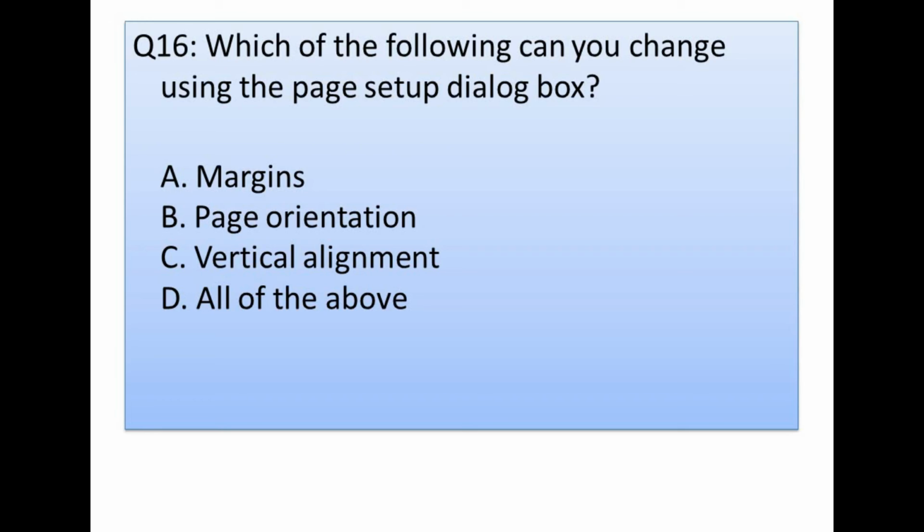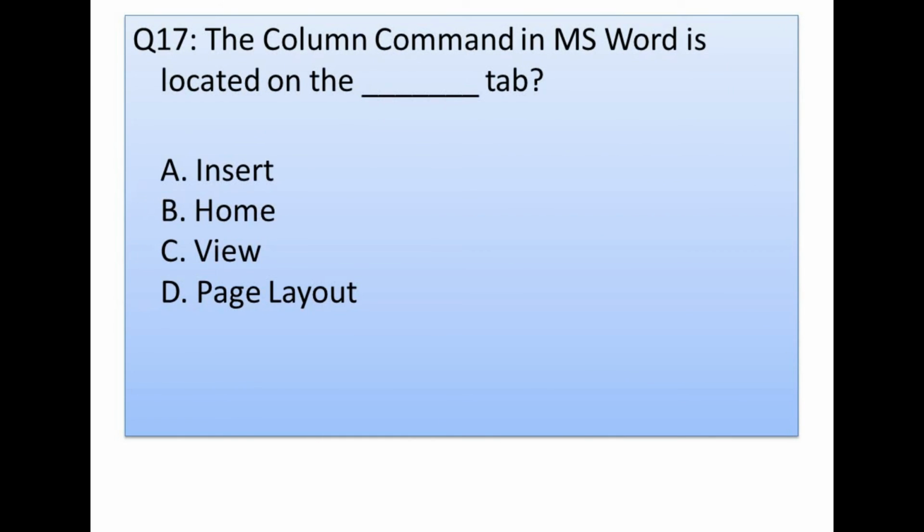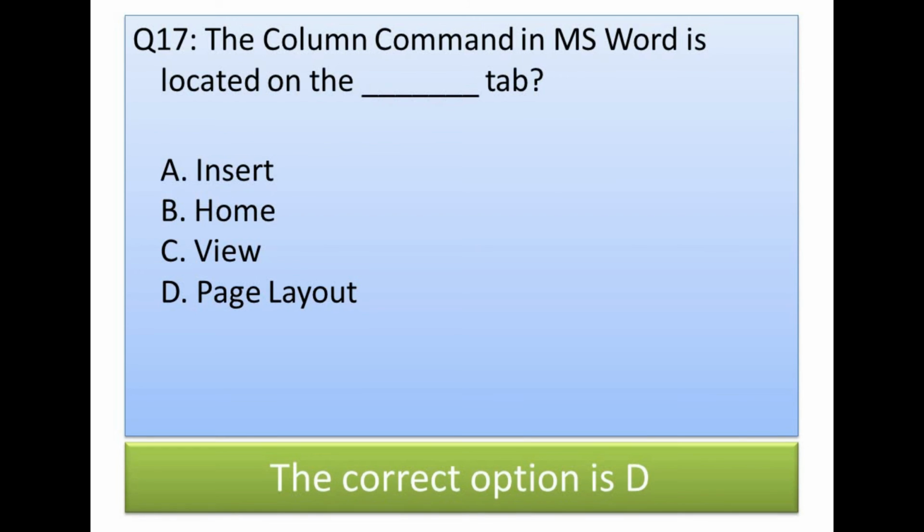Margins, page orientation, vertical alignment, all of the above. Correct option is D. The Column command in MS Word is located on the dash tab. Insert, Home, View, Page Layout. Correct option is D.